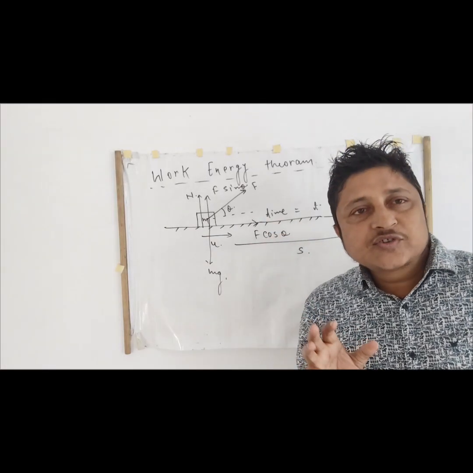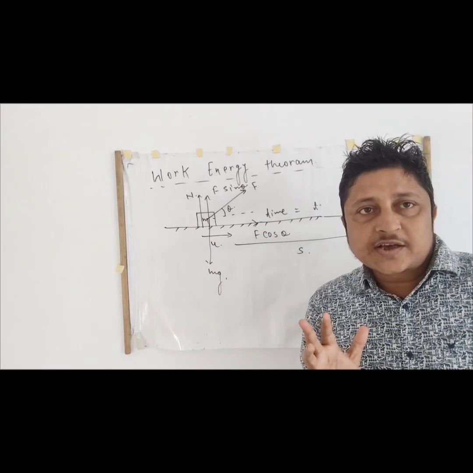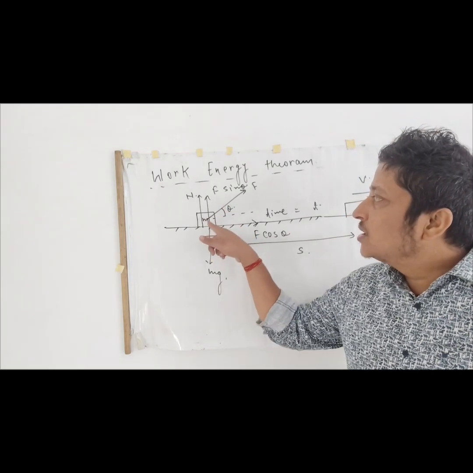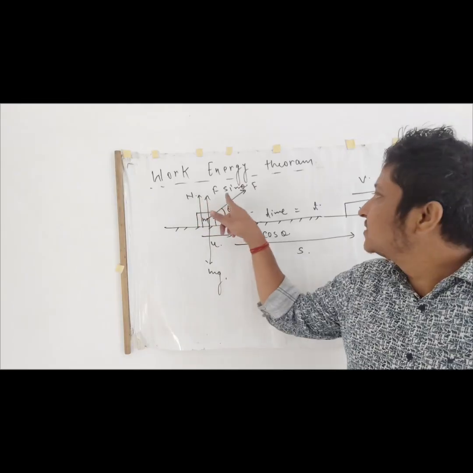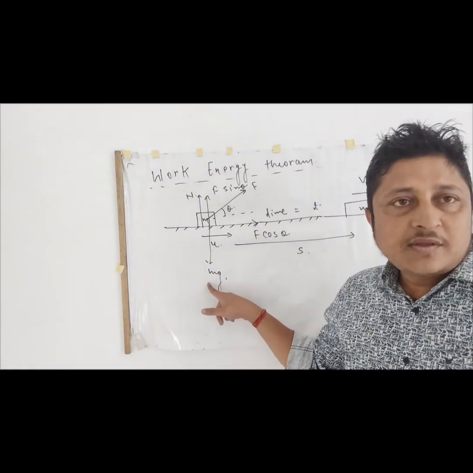That's why the net force acting on the body is in the horizontal direction. There is no motion in the vertical direction, hence N plus F sin theta is equal to mg.